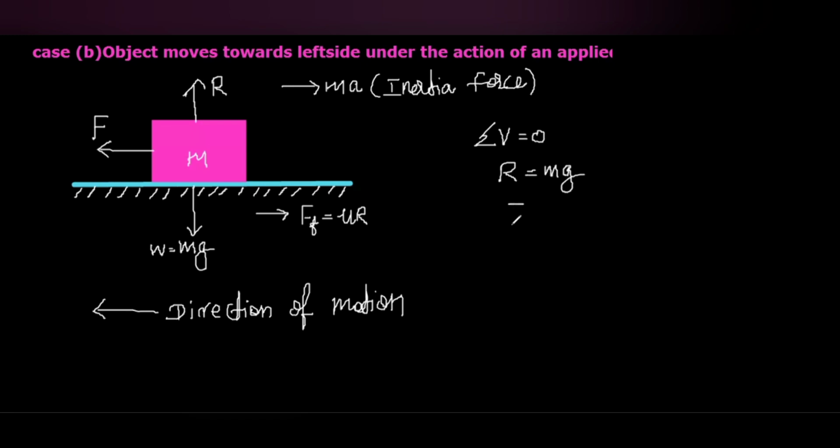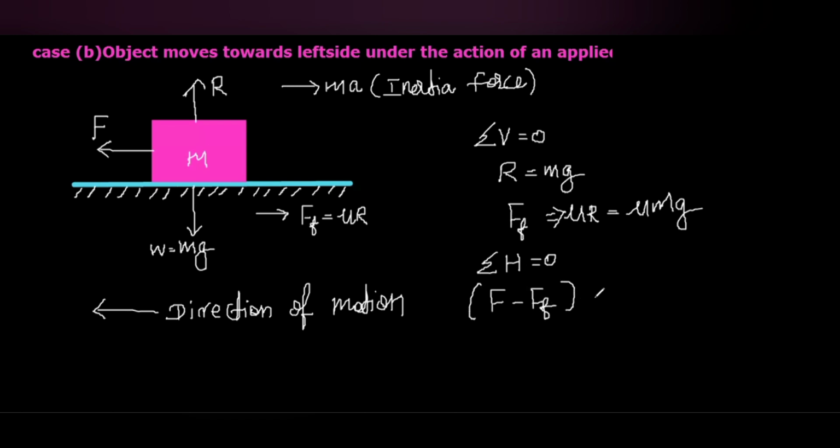And we know that Ff equal to mu R, further we can write R equal to mg, so this equals mu multiplied with mg. Then summation of horizontal forces equal to 0, that means F minus Ff equal to the inertia force, algebraic sum of the external forces equal to the inertia force.